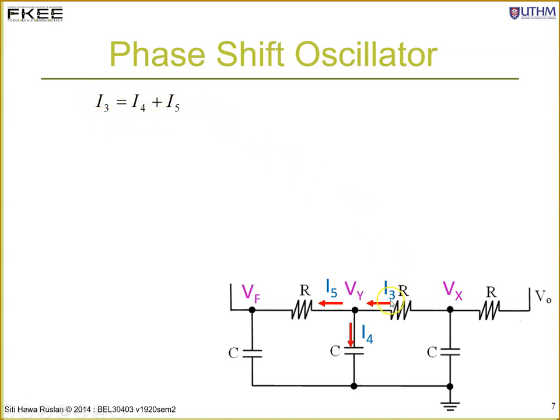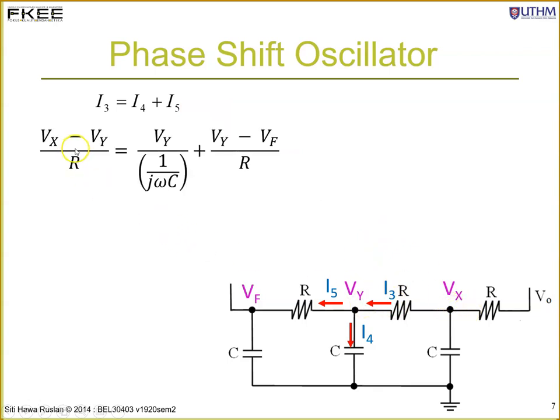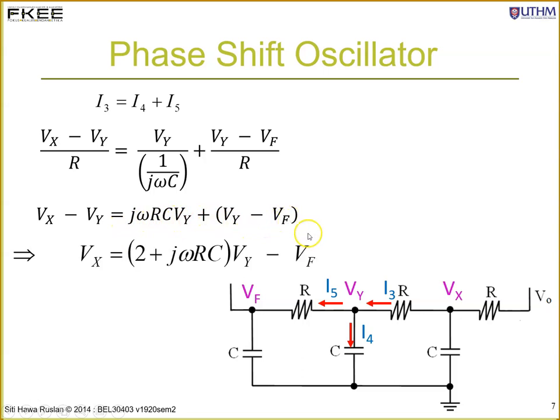I3 flowing from Vx to Vy, so I can simply write Vx minus Vy divided by R. As for I4, it will be Vy divided by the impedance of the capacitor, 1 over j omega C. And for I5, it is flowing from Vy to Vf, so it is Vy minus Vf divided by R. So simplify the equation. You have Vx minus Vy equals j omega RC Vy plus in bracket Vy minus Vf. Simplify it further, you have Vx equals 2 plus j omega RC, all this multiplied with Vy minus Vf. This is at this node Y.